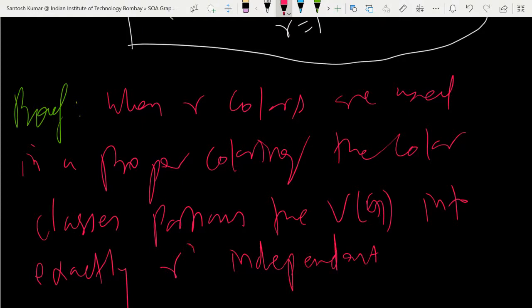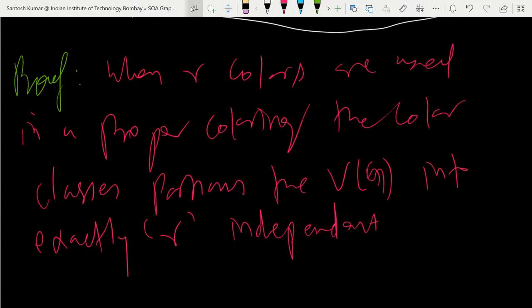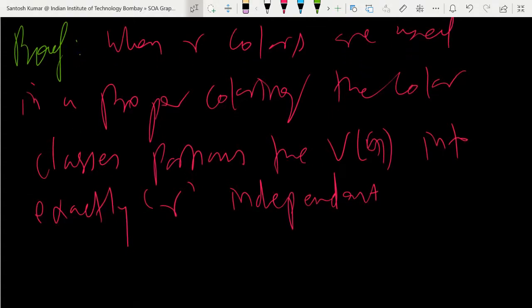And you know this already, है ना? You collect the vertices with the same color, that is an independent set, है ना? So corresponding to R colors, we will have R independent sets or independent classes, है ना? Or that you call it color classes.